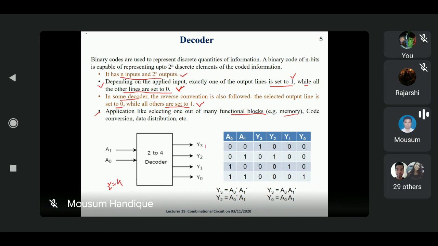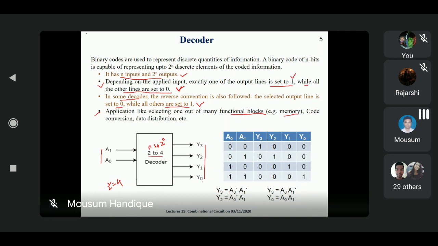This one is the outputs, and this one is the inputs. Here n equals 2 and 2 to the power n equals 4. This way we can write 2 to 4, 3 to 8, something like that. Okay, this is the block diagram.